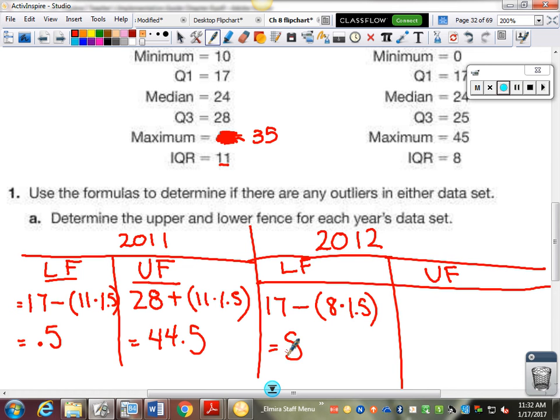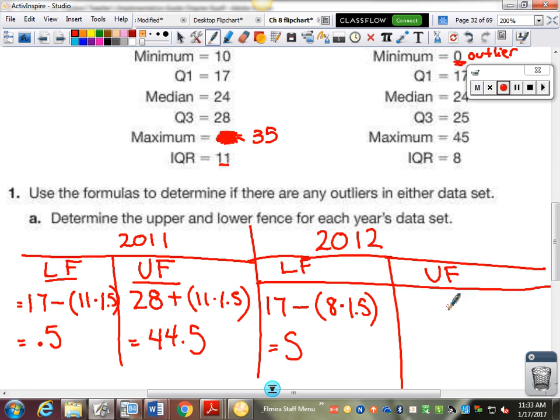And that equals 5. So our low value of 0 is considered an outlier. Okay, and anything, in fact, anything less than 5 is considered an outlier.